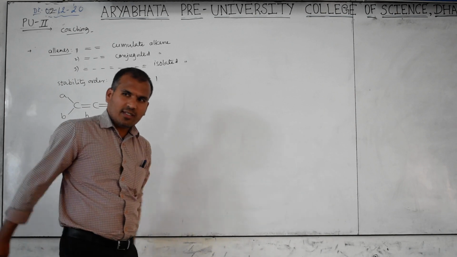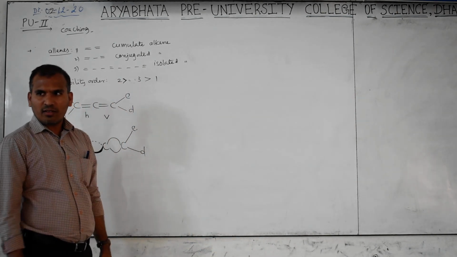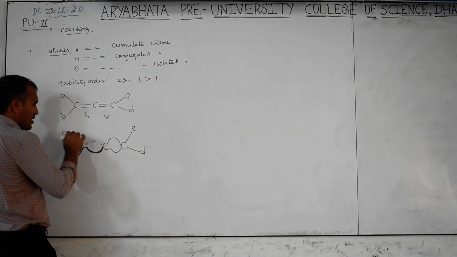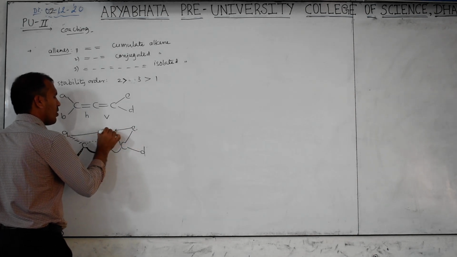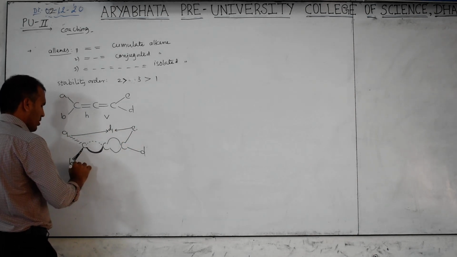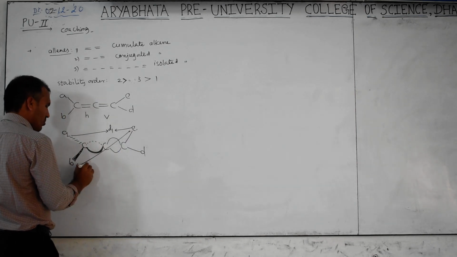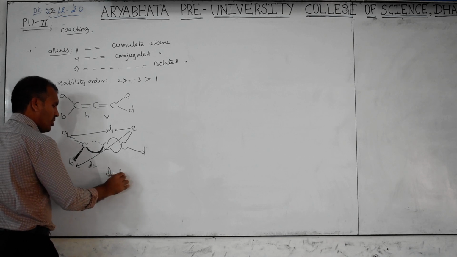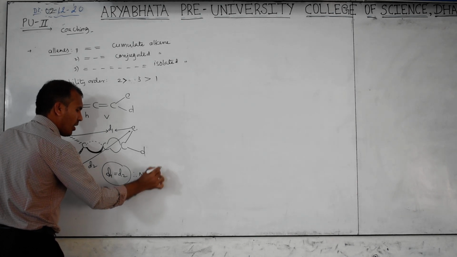When the same distance is there, it does not show geometrical isomerism. So this distance is considered as D1 and this distance is considered as D2. D1 is equal to D2. Therefore, no geometrical isomerism.